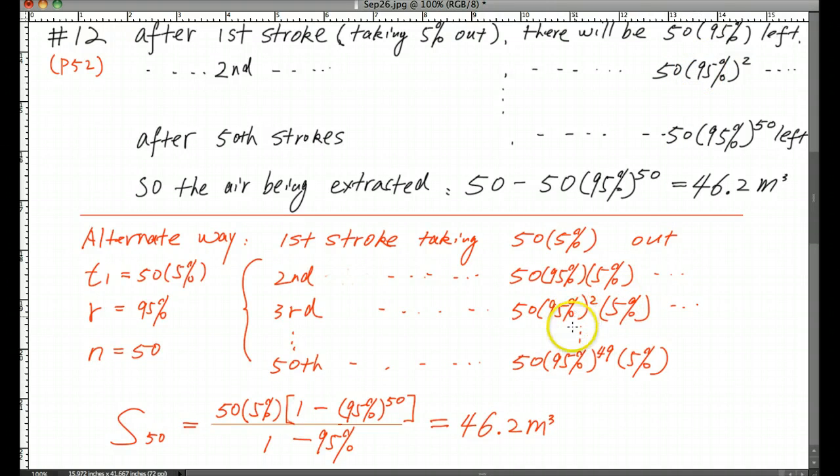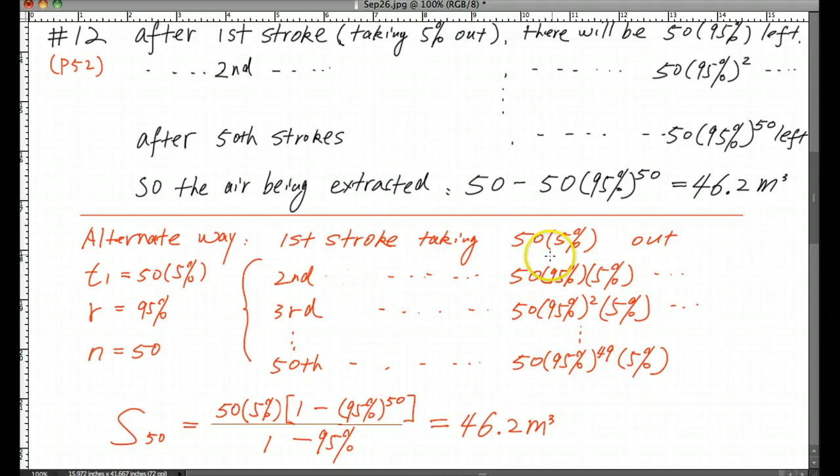So we got this. And then following the pattern, you can tell at the 50th stroke, we must have extracted that much air out. Okay, so then we just add up all these terms.